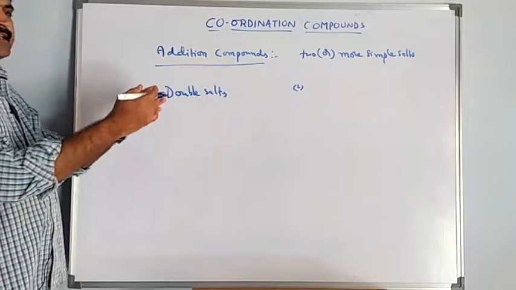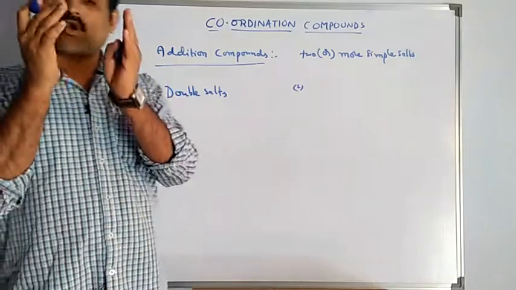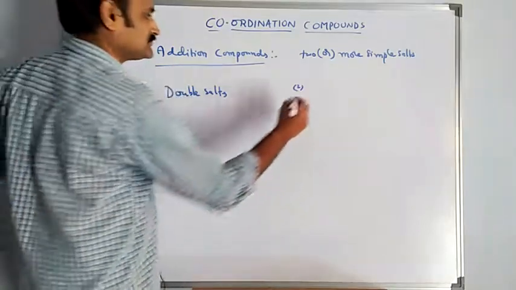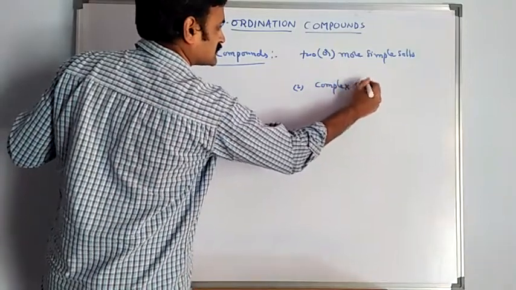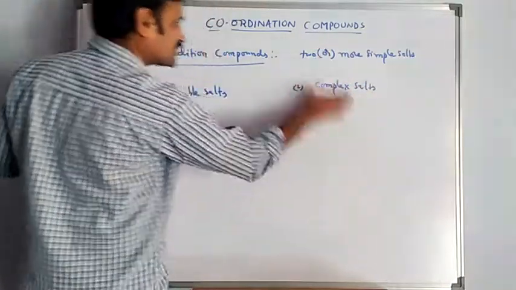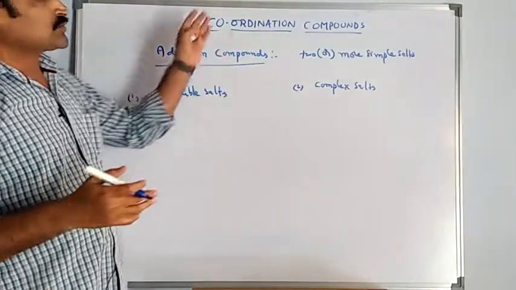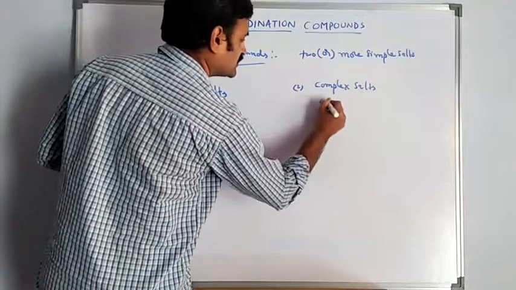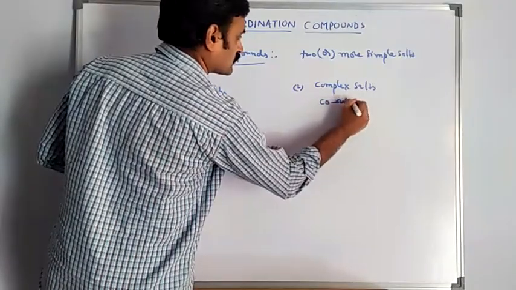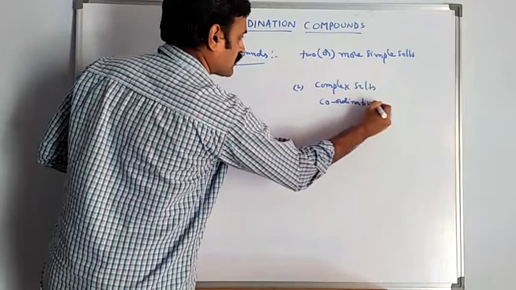The other category is called complex salts. These complex salts we are now calling coordination compounds. So another name for complex compounds is coordination compounds.